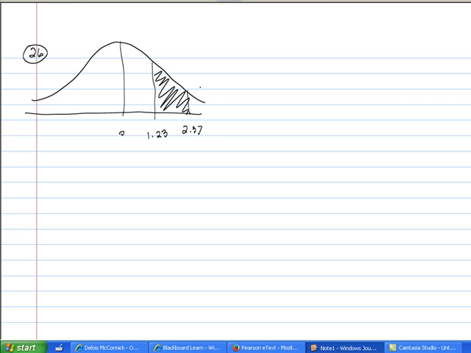So this is another one where we have to look up two numbers, and remember the number in the table is always going to give us the area to the left. So let's start with the 2.37.